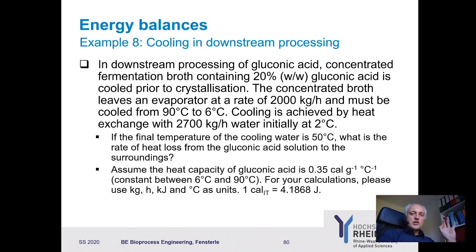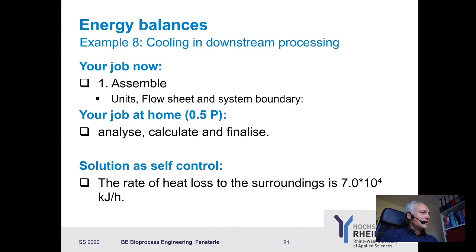Now I want to just show you, because this is a homework, remember, the flow sheet. I want to explain it to you before you start solving this exercise at home. But make sure that you rethink the flow sheet and that you redraw that flow sheet on your own, and that you start the calculation with your own flow sheet.